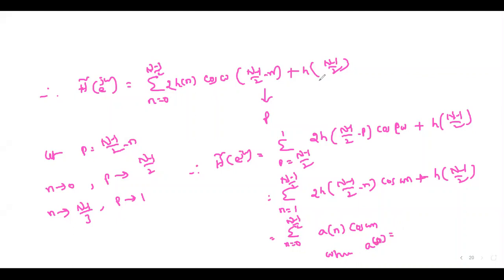So I can write clearly, a of n is equal to h of (N minus 1)/2 for n equal to 0.